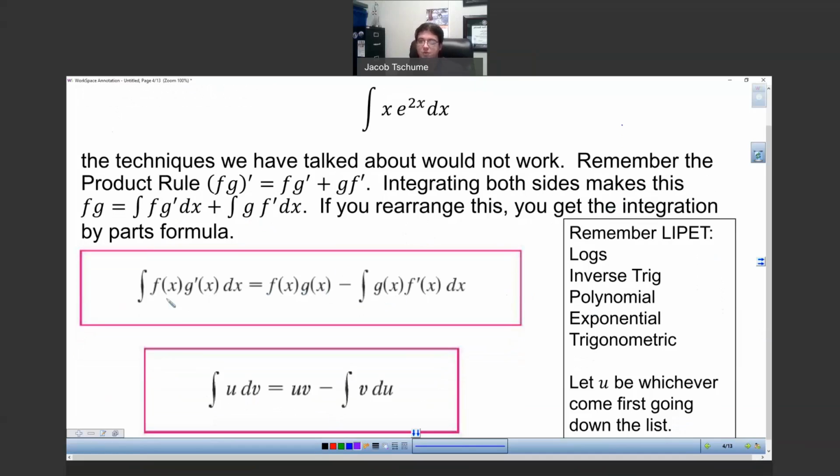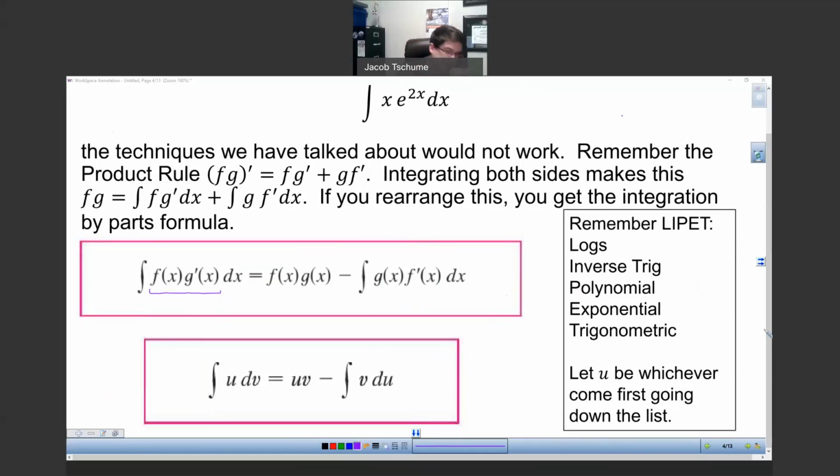That means when you've got two functions being multiplied together inside the integral, if you can label one of them as f and one of them as g prime, you can then find f prime and find g to substitute into this formula and then solve a new integral that's actually one of our old techniques.